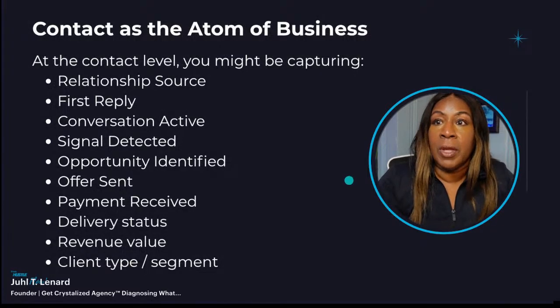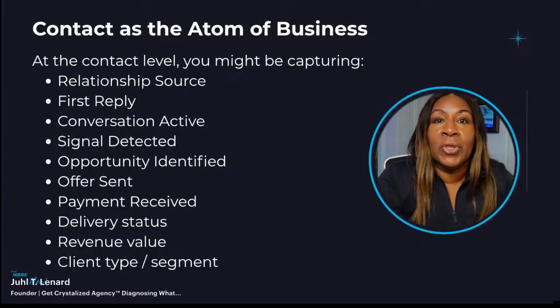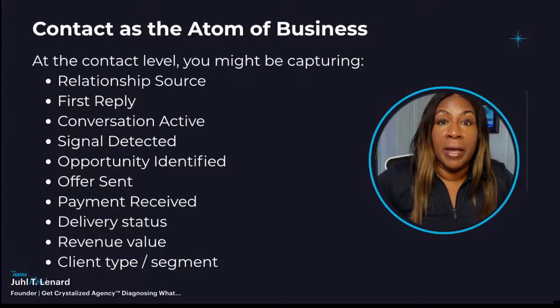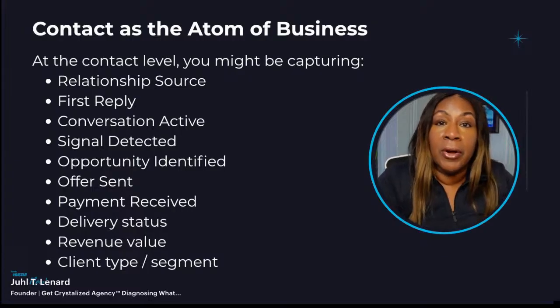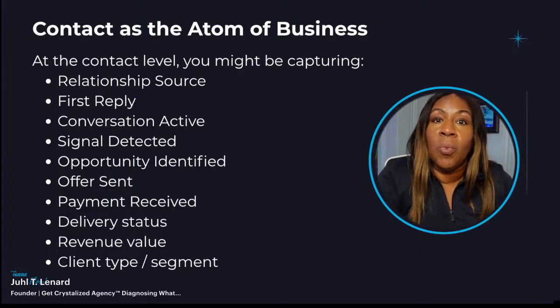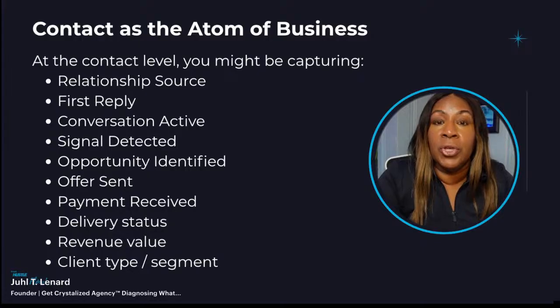Now, when we talk about the contact as the atom of business, we're looking at all these different things we collect. Maybe you collect these items in your business, in your system. Maybe you don't. But the architecture is what identifies what components of data you need to collect to get the answers you need to make decisions.